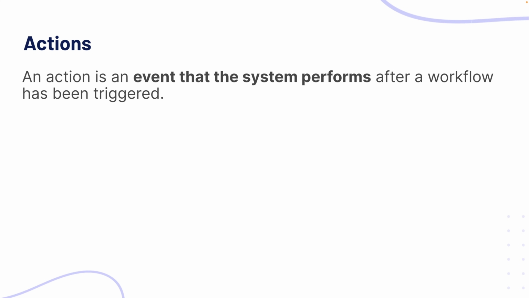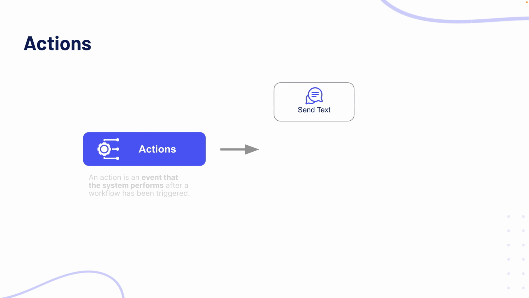So to put it into perspective, let's take a look at a few examples of types of actions that exist out there. It could be as simple as sending a text. Because sending a text is a task that a computer can perform, and it could be based on any kind of trigger. It doesn't matter what trigger it is. We're talking about actions here. So these are the things that the system will perform on your behalf.